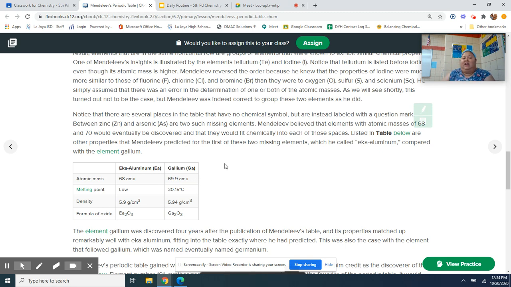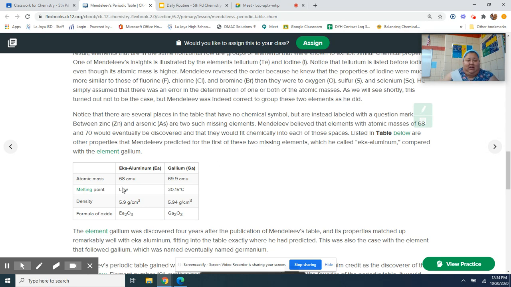So he said that this element will have an atomic mass more or less of 68. It'll have a very low melting point. It'll have a density around 5.9. And then he said if it were to combine with oxygen, it would probably have a formula of EA2O3. That's what he predicted.